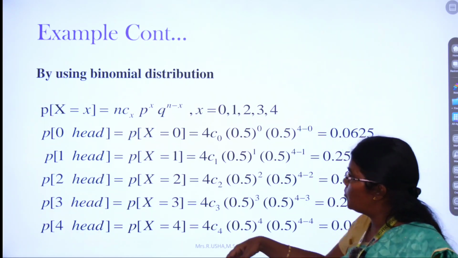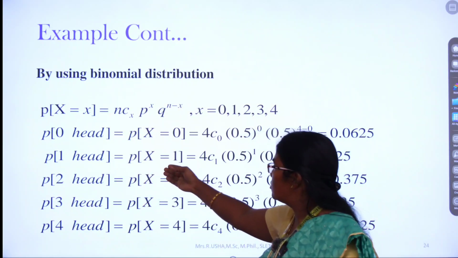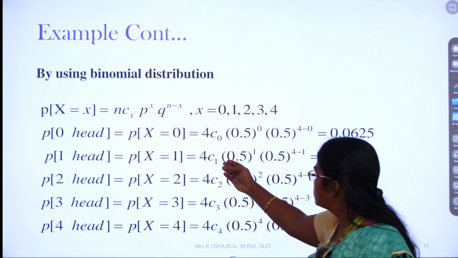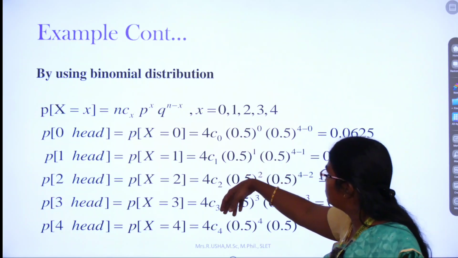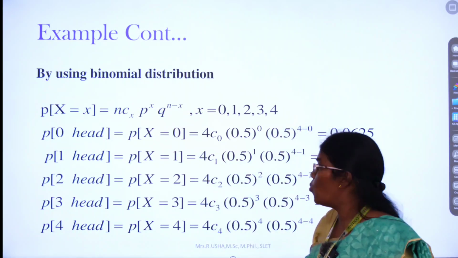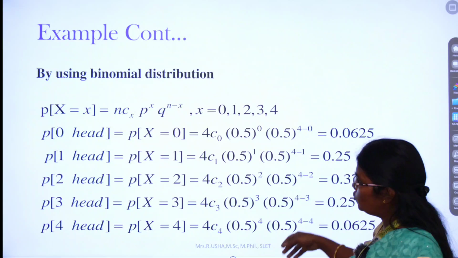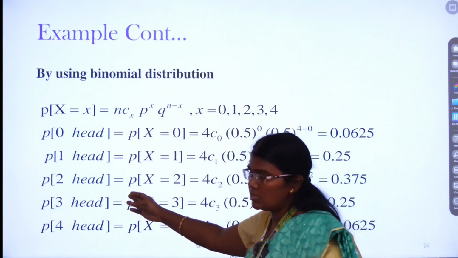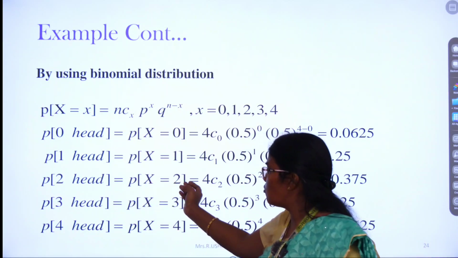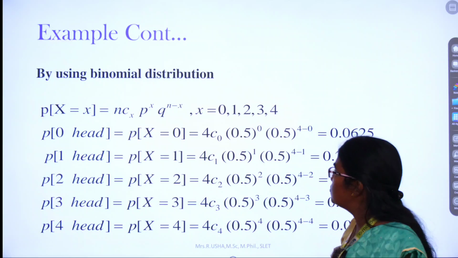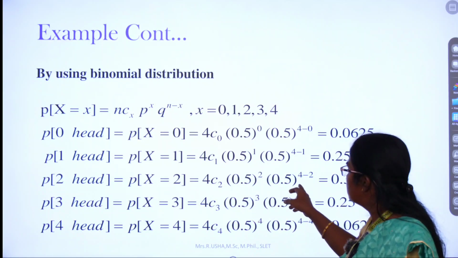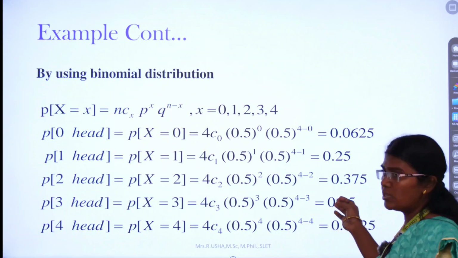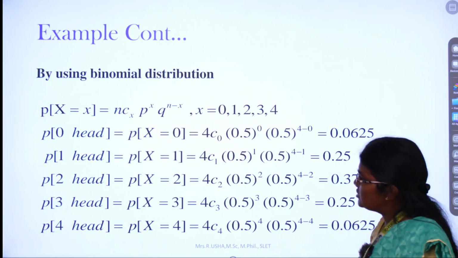That is equal to 0.0625. Similarly, P of 1 head, that is P of x equal to 1, is 4C1 (0.5) power 1 into (0.5) power 4 minus 1, which is 0.25. P of 2 heads, that is P of x equal to 2, is 4C2 (0.5) squared into (0.5) power 4 minus 2, that is 0.375.